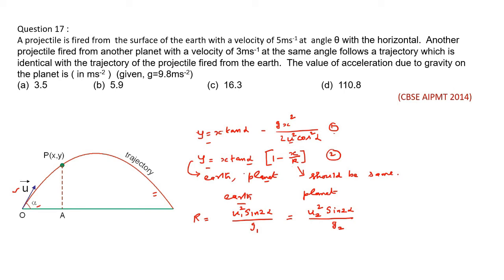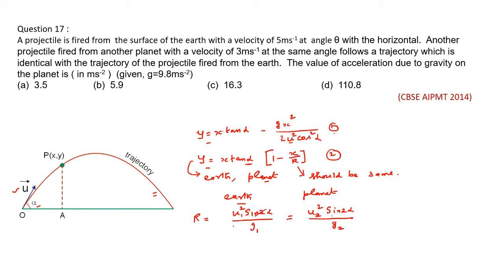Because the trajectories are to be equal, of course alpha is given. Here y and x are the variables. The range on earth and the range on planet have to be equal because the trajectories are to be equal. So sine 2 alpha we can cancel.